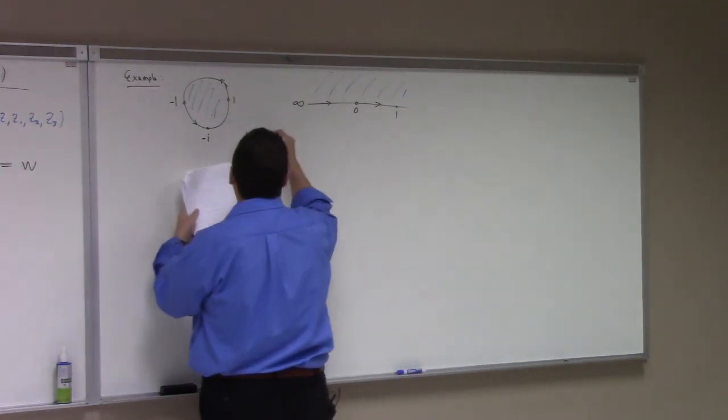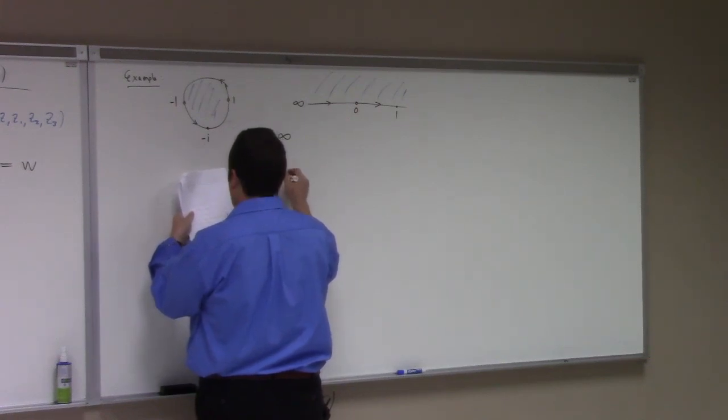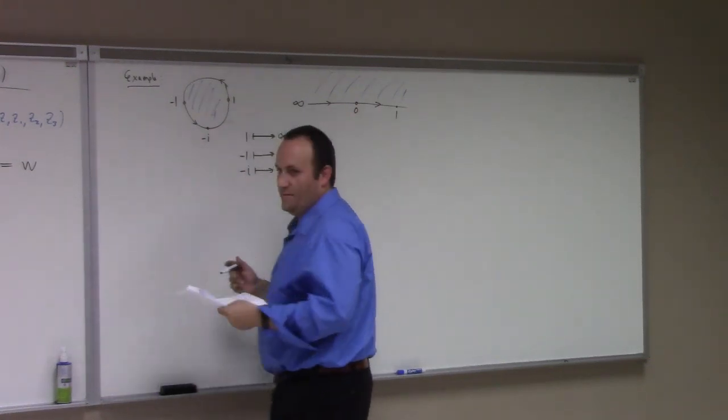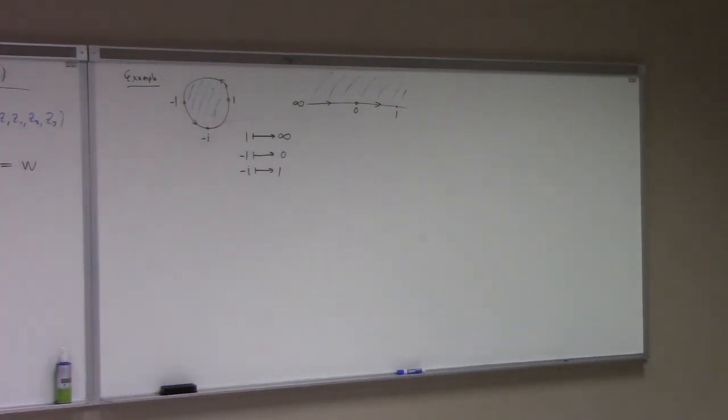So in other words, 1 maps to infinity, -1 maps to 0, and -i maps to 1. So I am actually not leaving you out to dry as far as dealing with infinity for an FLT. I'm showing you an example here of how to handle it. I just would say the cross ratio is not the right tool.